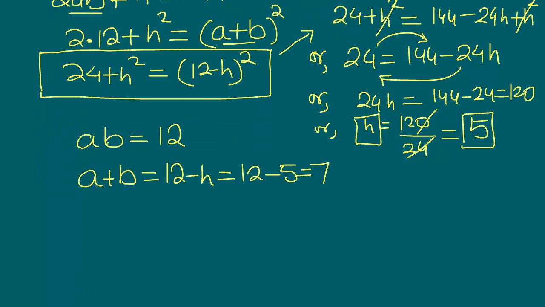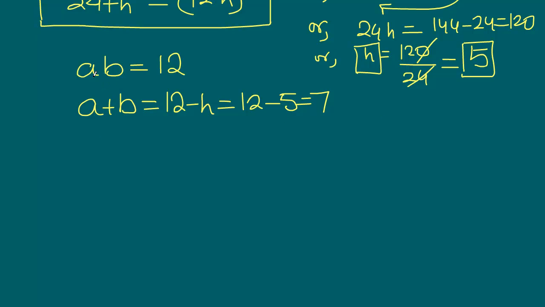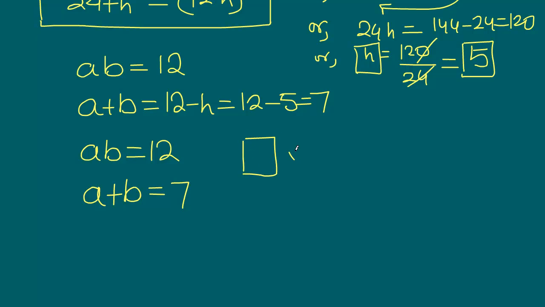So let's scroll down again here. We have AB is 12, but A plus B is 7. So let's assume this is A, multiplied by B, we get 12, but when we add A and B, we should get 7.